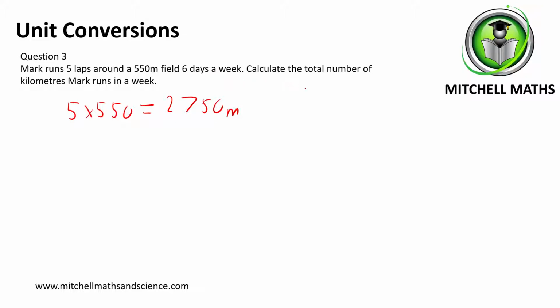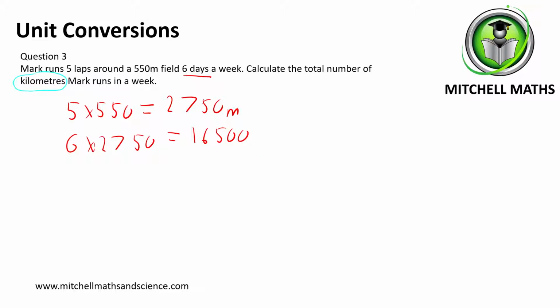And for this question, I need to find out how far he runs in a week. Because I know he runs this 6 days a week, I'm going to times this distance by 6. So 5 laps is 2,750 metres. If he does this 6 days a week, 6 times 2,750 is equal to 16,500. However, it does ask me to give the answer in kilometres.